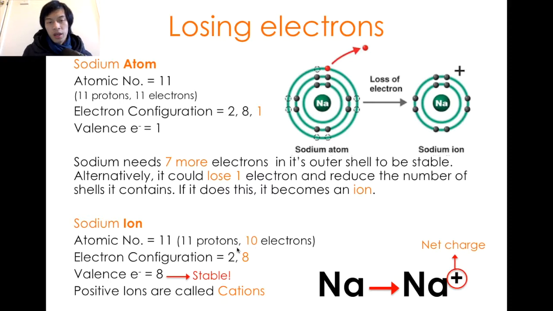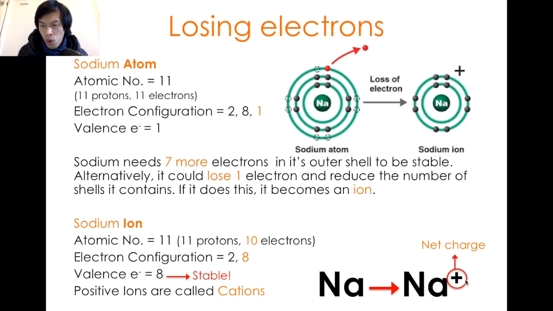If sodium had 11 protons, that's 11 pluses, but only 10 minuses to counter it. So overall, it is more plus than it is minus, making it a positive ion, which we call a cation. Now, the way that I like to remember this is that a cation is positive because cats are positive, okay? And so that's what sodium ends up as, and you would write it as Na+.